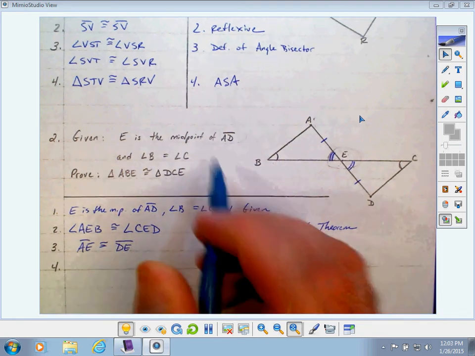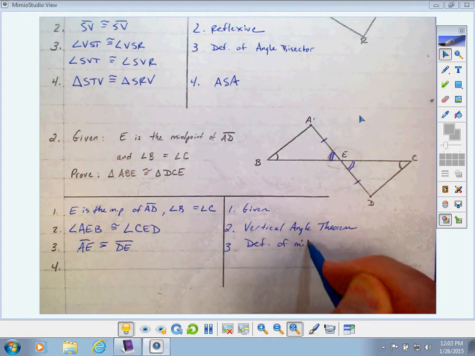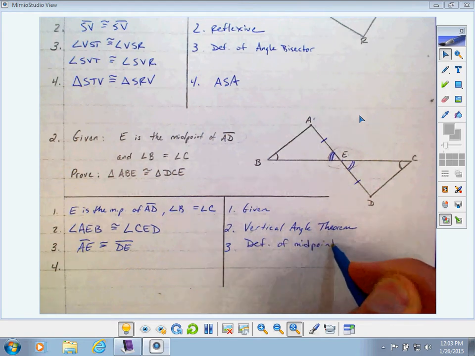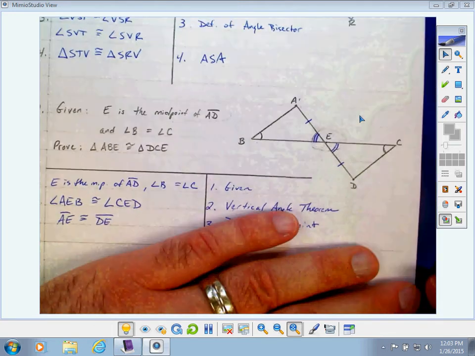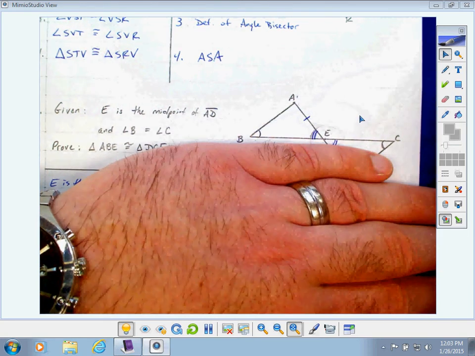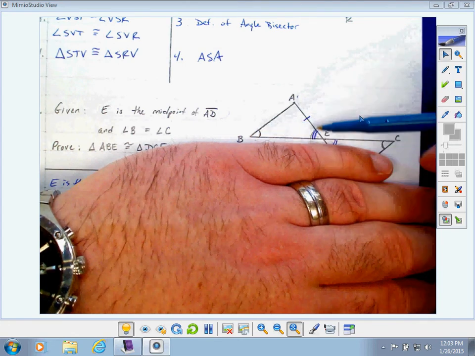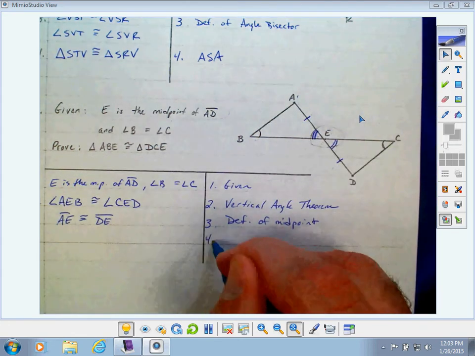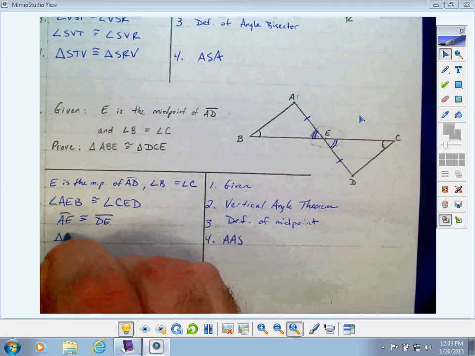And since I use midpoint to do that, this is definition of midpoint. And again, I'm down to that point where if I look at the triangle, I have 3 separate things marked in it. And if I trace out the pattern of those things, this would be angle, angle, side. And that means these triangles are congruent.